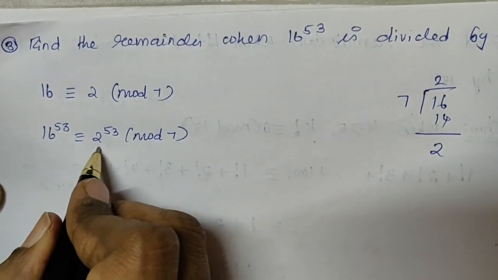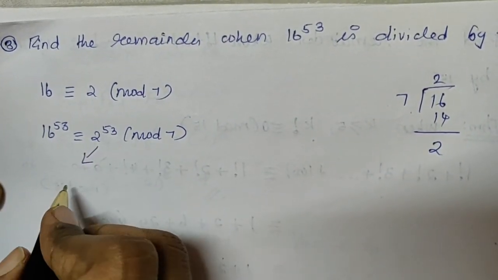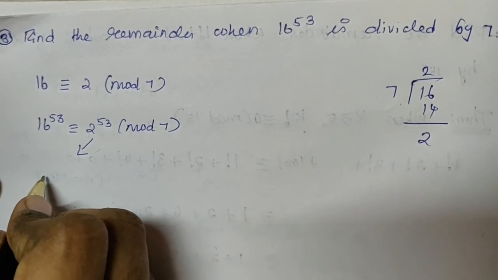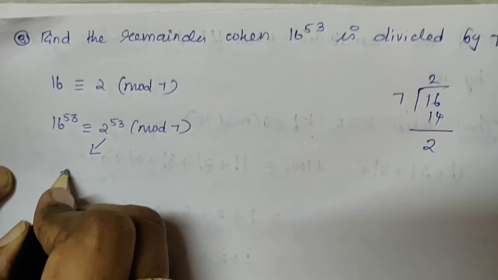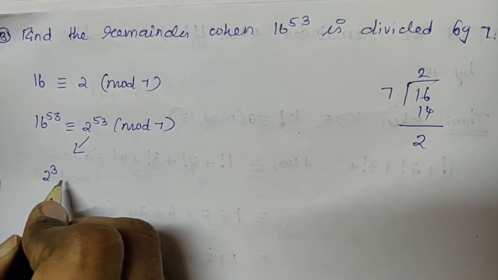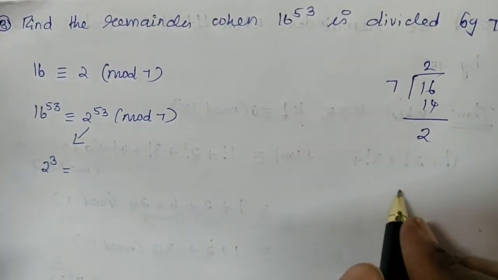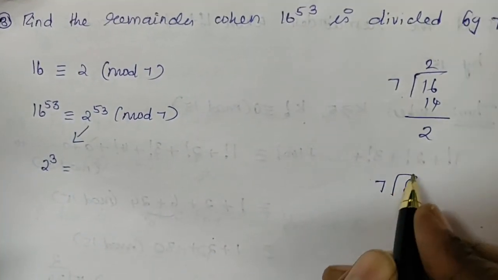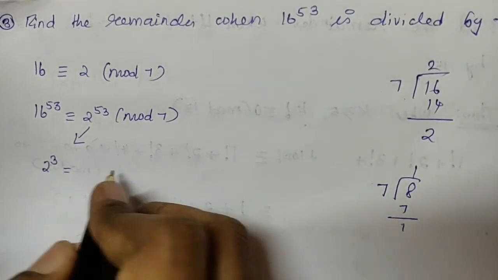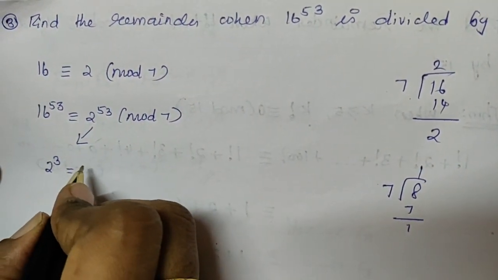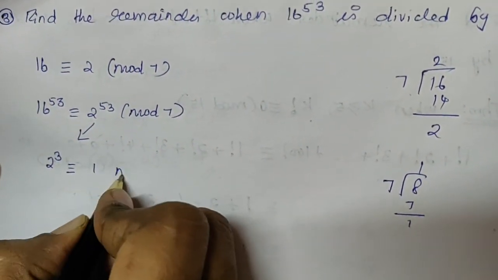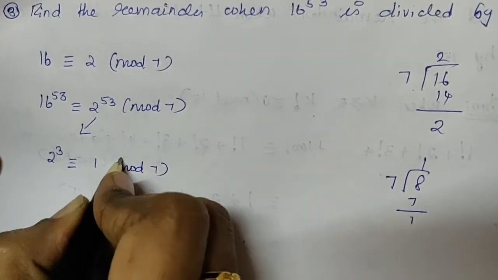So you have to first find the value of 2 power 53. For that first we start with 2 cube. So 2 cube equals 8. When you divide 8 by 7, we will get 1 as a remainder. So 2 cube is congruent to 1 mod 7.